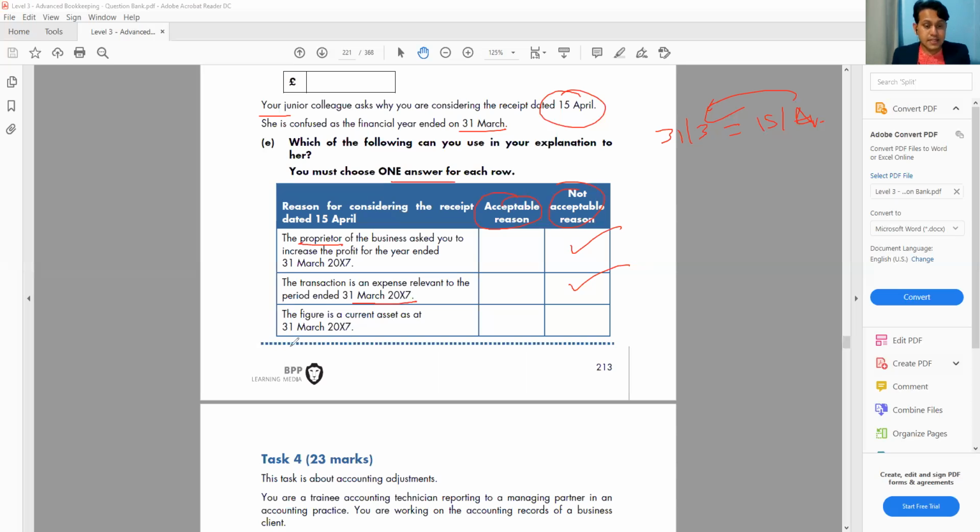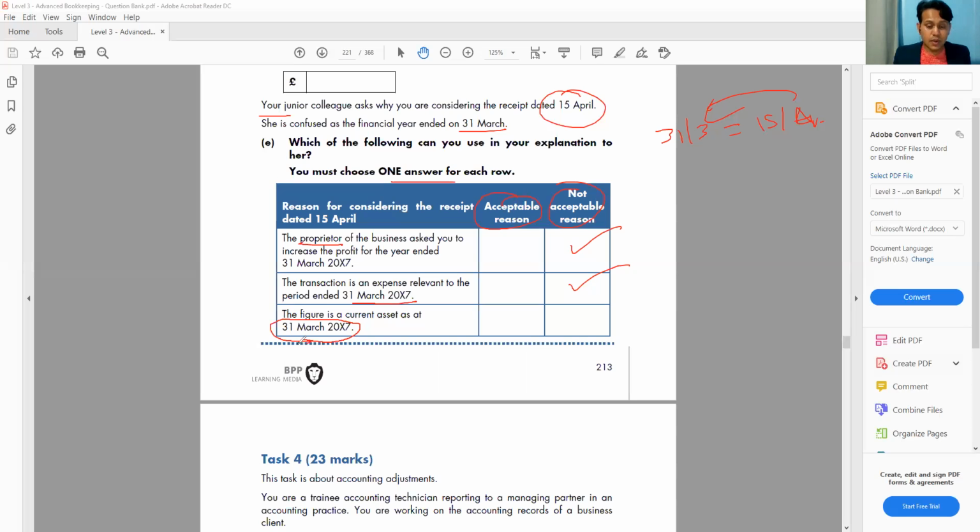The last one says the figure is a current asset as at 31st March 2007. So on that day, it was my current asset. Basically, I already provided the services and earned the income, but I didn't receive the money from the customer, so up to that date it is my current asset. It's exactly like a credit sale.